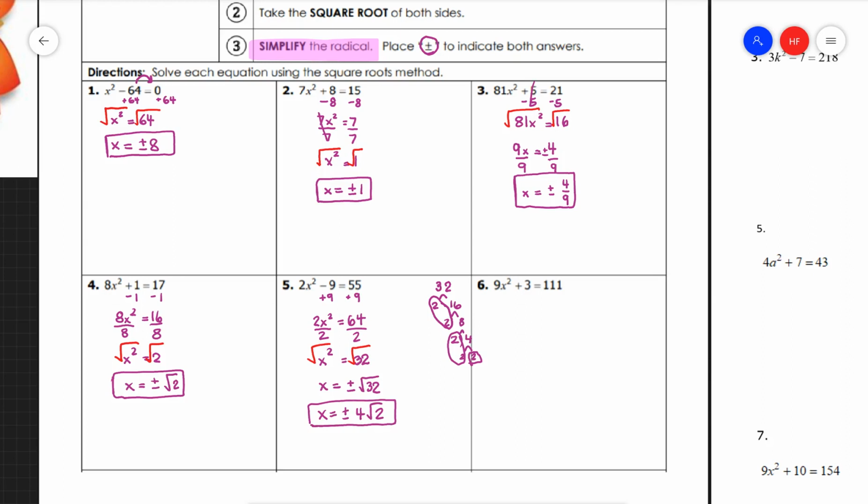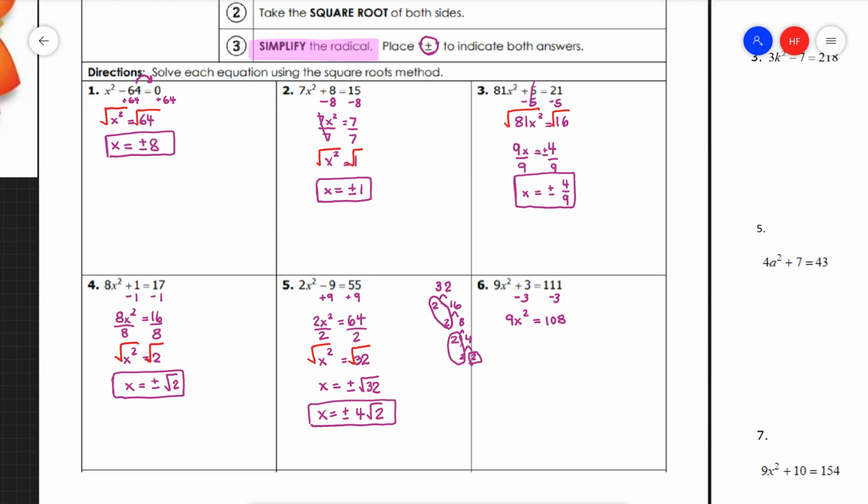Then on number 6, 9x squared plus 3 is equal to 111. We'll subtract 3 first. 9x squared equals 111 minus 3 is 108. We'll divide by 9.